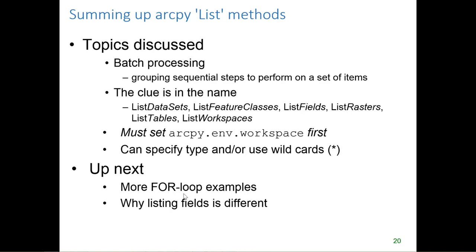You have to set that workspace environment setting before calling any of these methods, the list feature methods, or the list enumeration methods, and most of them allow you to specify a type or use wildcards. Next, we'll continue to talk about batch processing with some more for loop examples, and we'll talk about why listing fields is different from the other list enumeration examples that we have discussed so far.